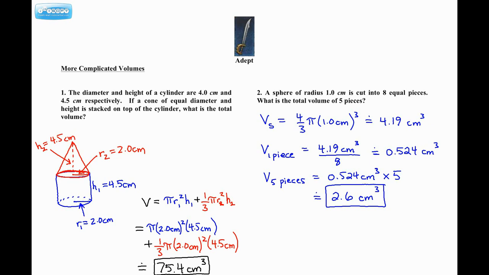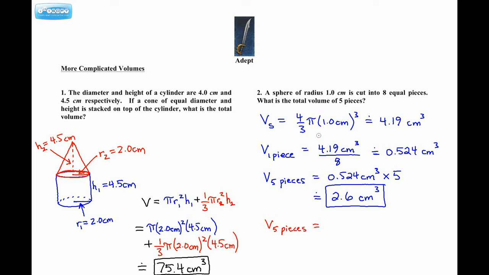Another approach to this same problem would just be to manipulate the formula for a complete sphere and only use the numbers once. Here's what I mean by that. So the volume of 5 pieces, there we go. Okay.